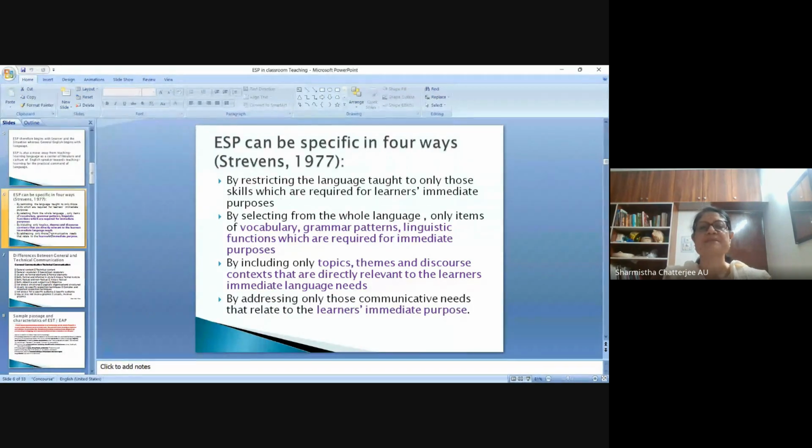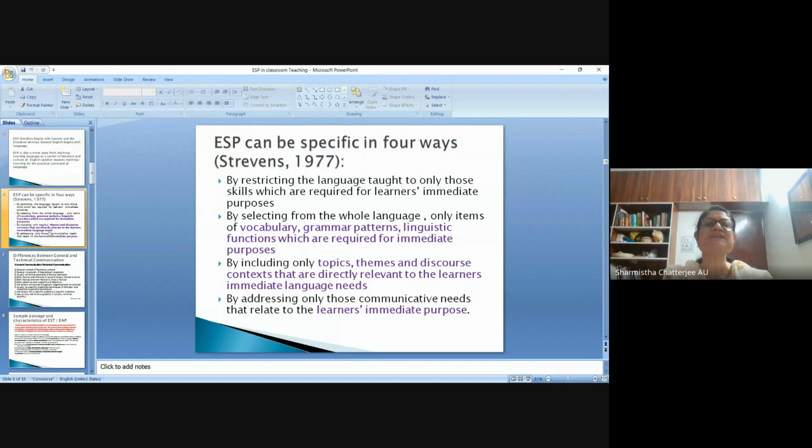So immediate purposes. In ESP, we also include topics, themes, and discourse context. Discourse context would be, most of you probably know, the reason or the situation why we are using the language. Like suppose we are talking about the context of fossils. This has also become a part of history, geography, science.